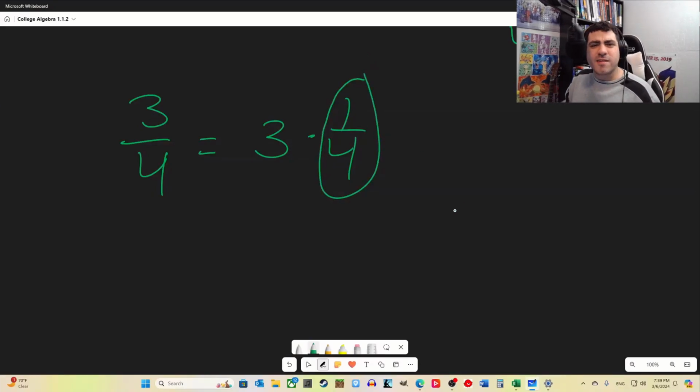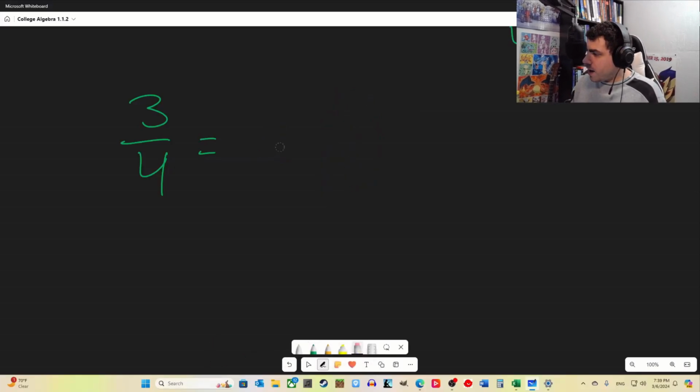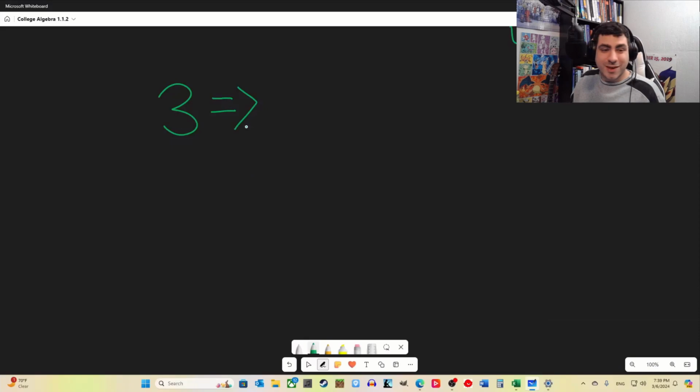And just in case you may be still confused, I want to solidify in your mind what exactly a reciprocal is. Here is 3, a beautiful number 3. I like the number 3. Check this out. The number 3 as a reciprocal, don't put the equal sign, almost messed up, as a reciprocal is 1 over 3.